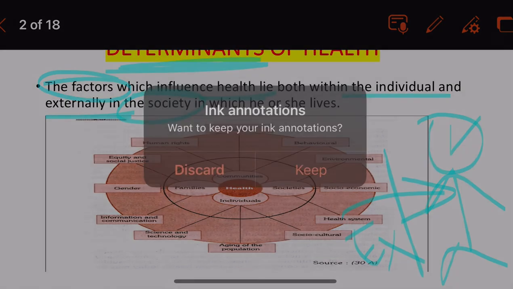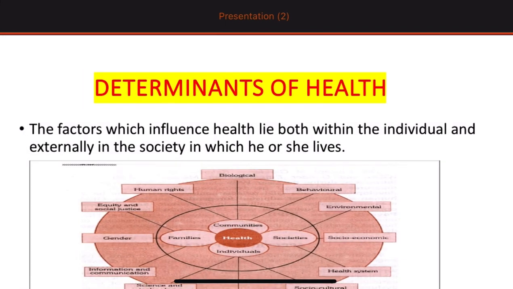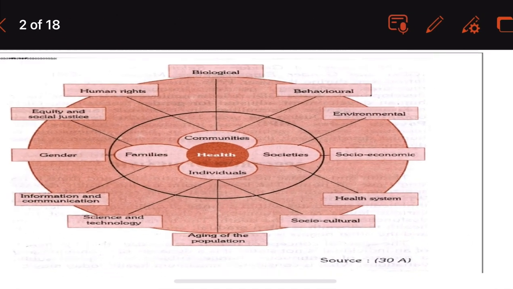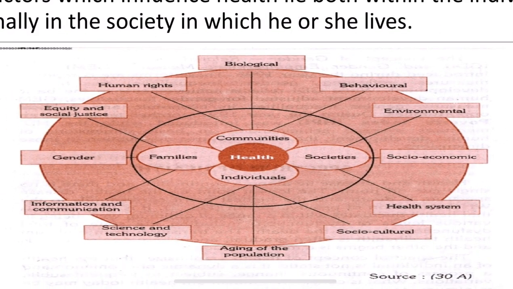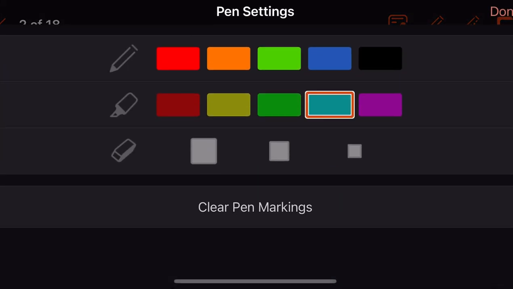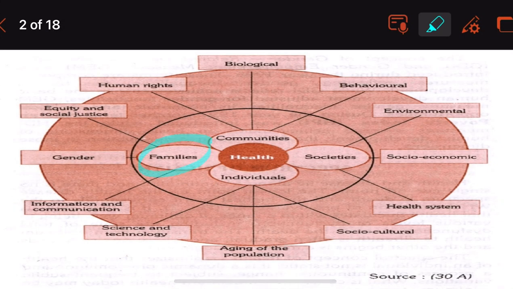Now let us see, they have given us a chart here. Let us zoom in. You see here, the factors which influence the health lie within the individual, or externally in the society and community, and to a certain extent the familial, that is the genetics, also plays a role in the health.